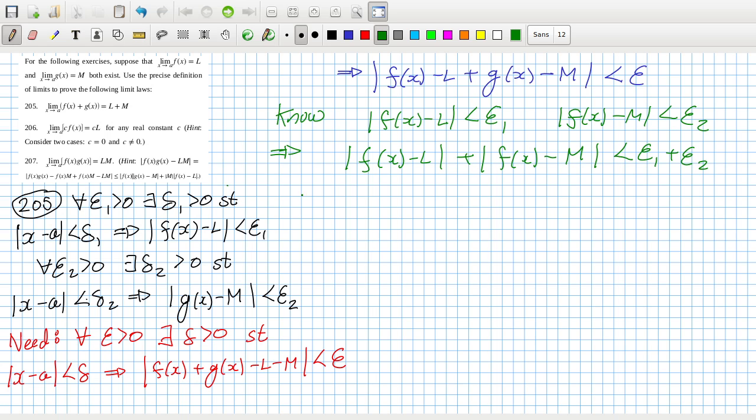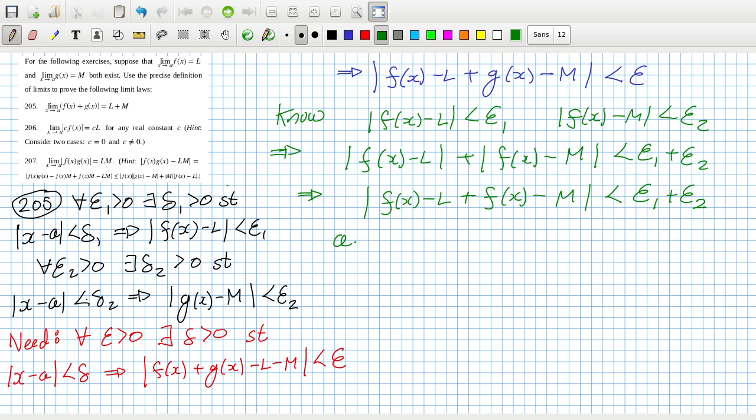And then I can use the triangle inequality.